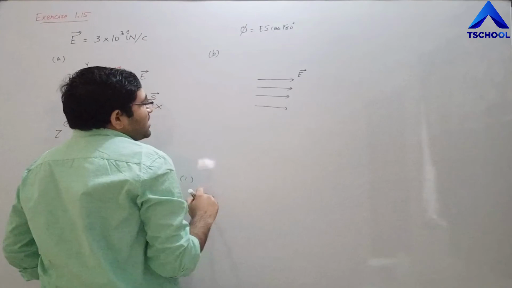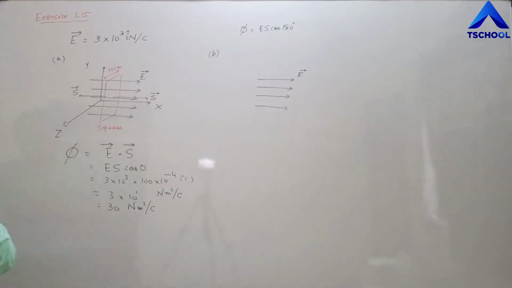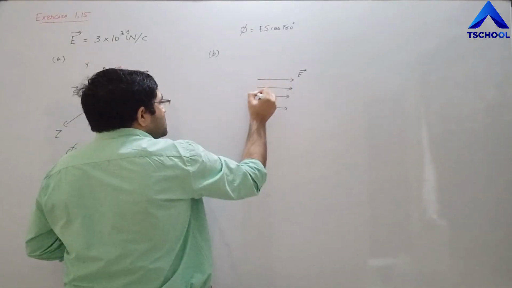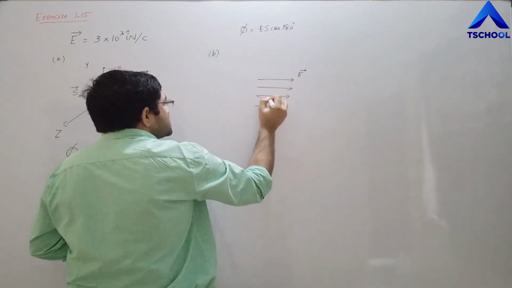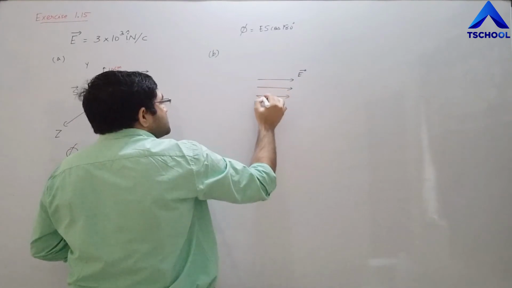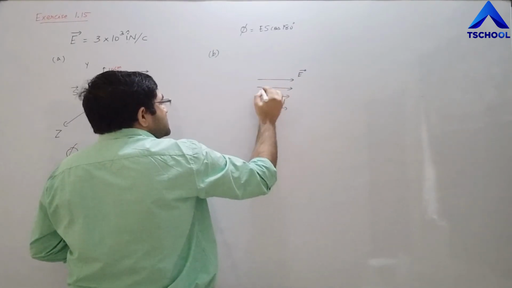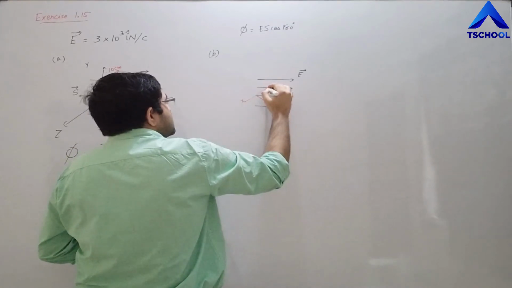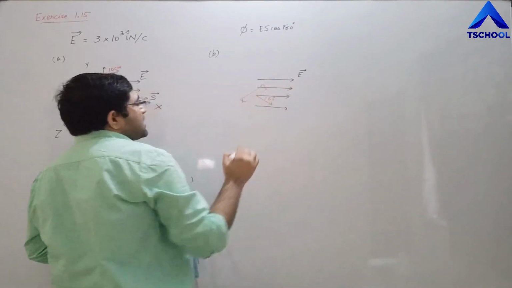But now the square is not parallel to the YZ plane, rather the square is such that the normal to the square, so let's say this is the normal to the square, is making an angle of 60 degree. So the square would actually look something like this.